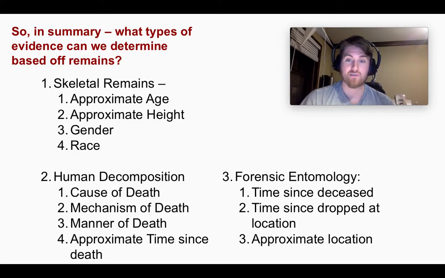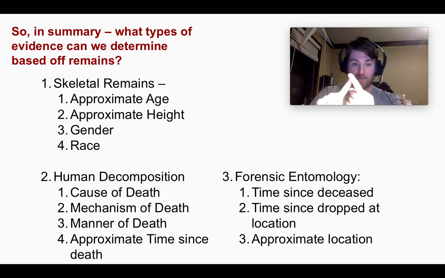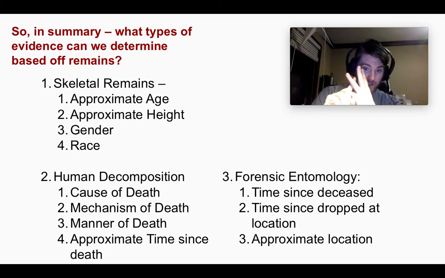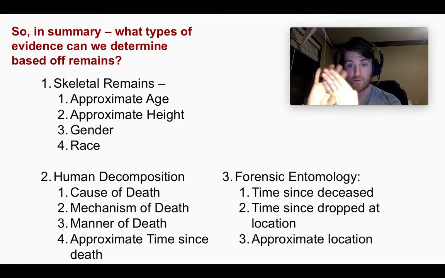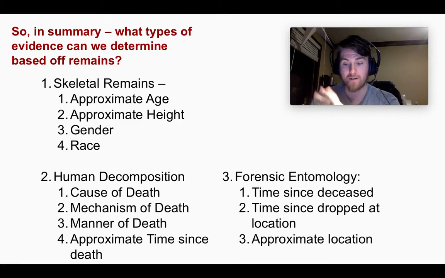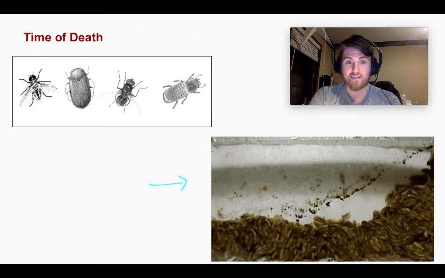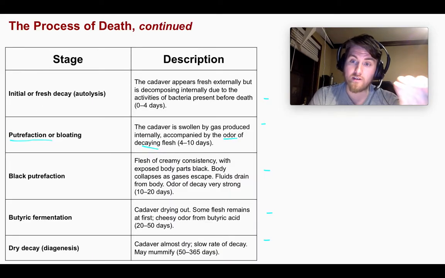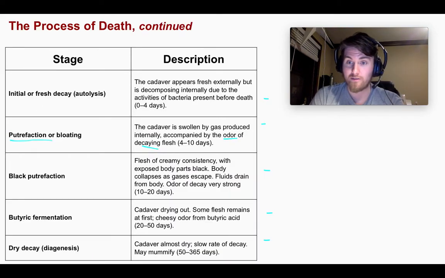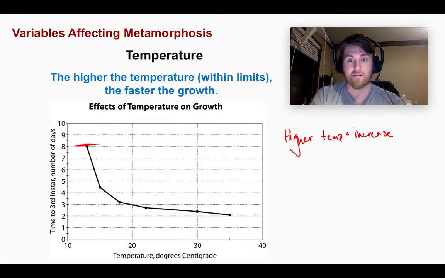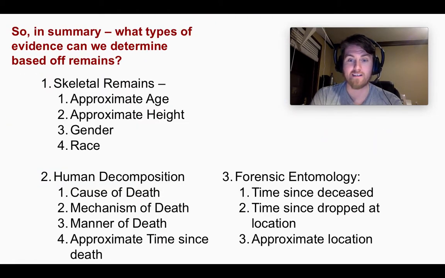The decomposition rate can tell you cause of death, mechanism of death, manner of death, and the approximate time based on what stage of death that body has gone through. These are our main parts until finally you get into entomology.